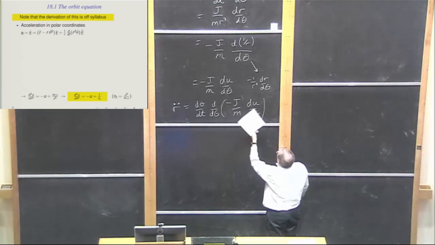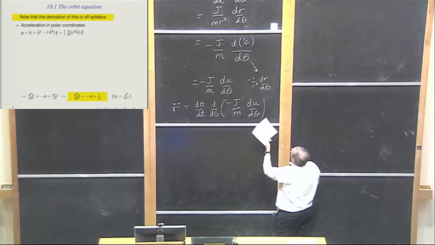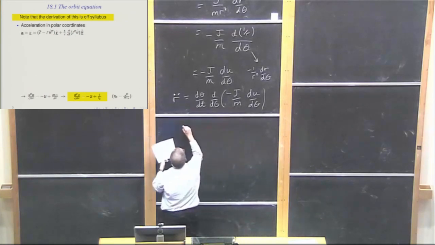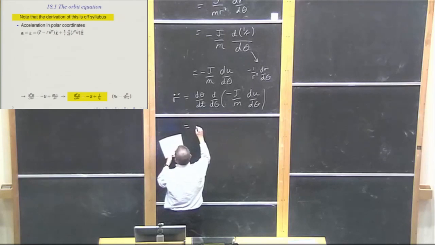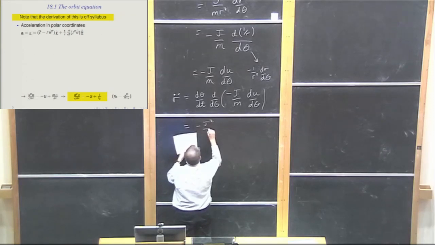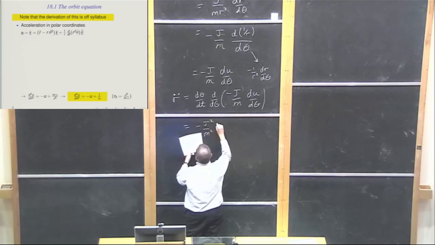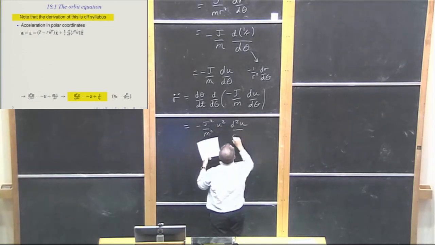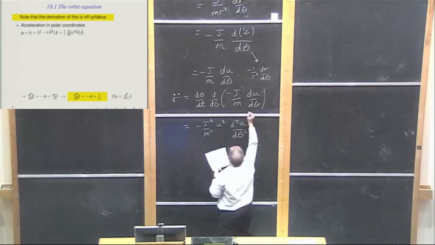This is a constant. Now, differentiating that by d theta is trivial. We just end up with minus j squared over m squared u squared d^2u by d theta squared.